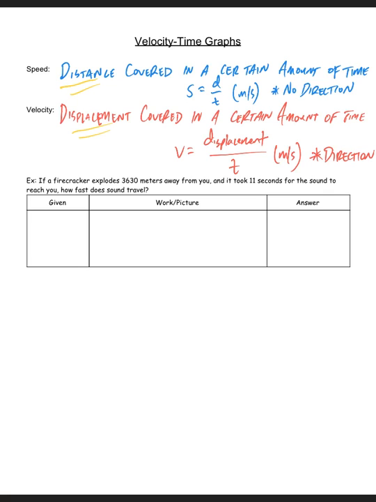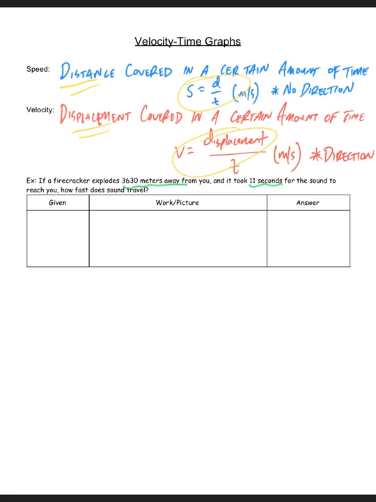Here's an example of a practice problem, and you will have to know how to solve for speed or velocity. Both of those formulas are right up here. The first question says, if a firecracker explodes 3,630 meters away from you, and it took 11 seconds for the sound to reach you, how fast does that sound travel?